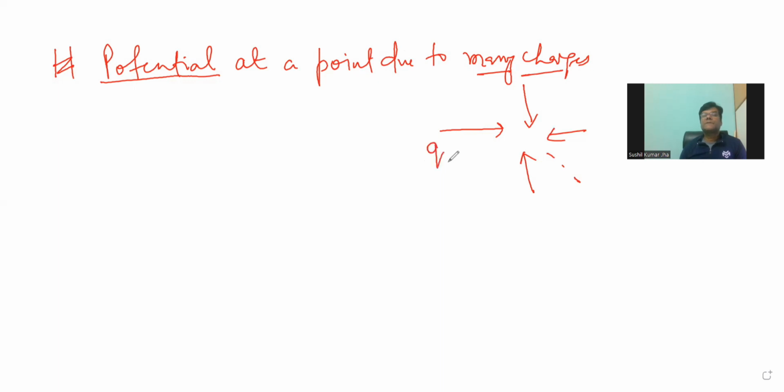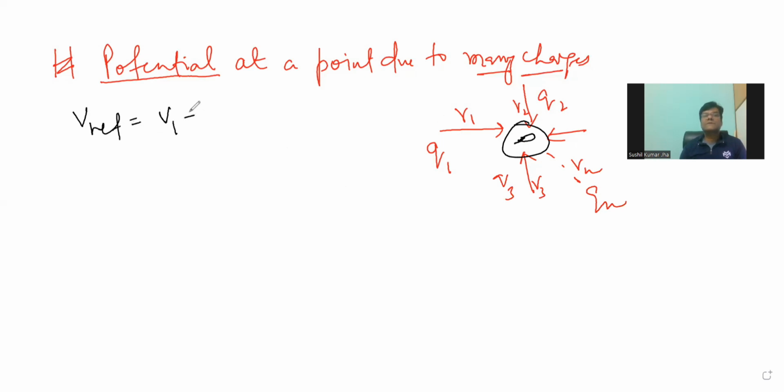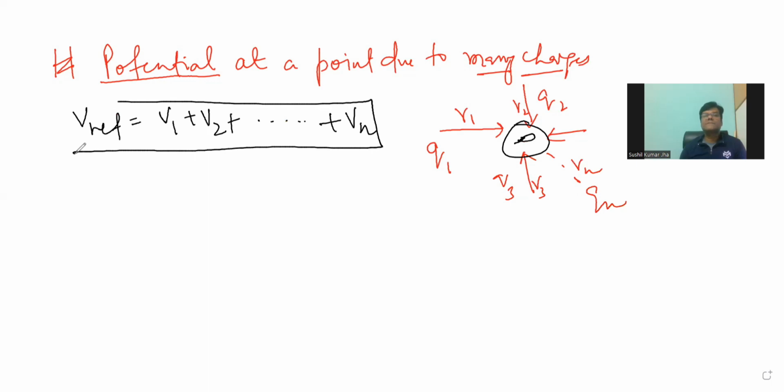Let's say this is Q1, R1, Q2, R2, Q3, R3, Qn, Rn, and this is the point P. So at this point P, we take net potential V net as potential due to first, potential due to second, and so on and so forth, potential due to n number of charges. This way we add.